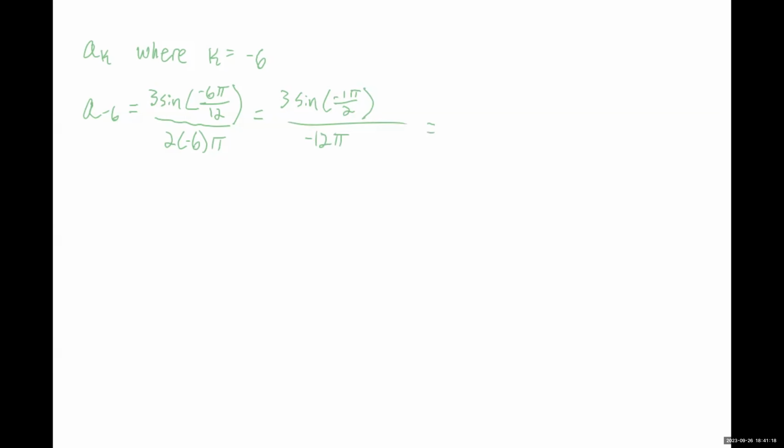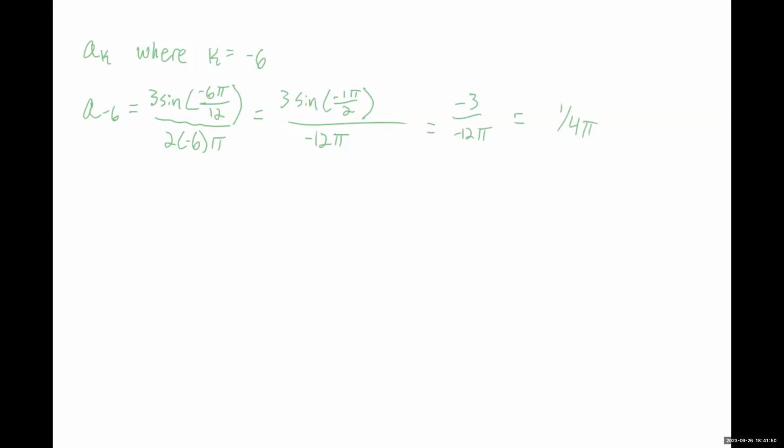Oh, wait, now I'm confusing myself, sorry. Sine of -pi over 2, yeah, is equal to -1. So we're going to get -3 over -12 pi, which is equal to 1 over 4 pi. So that's going to be our a of -6.